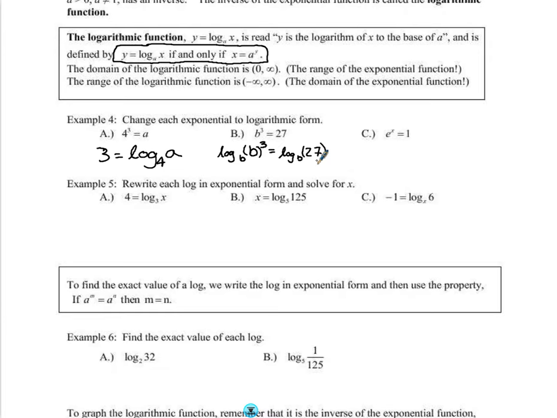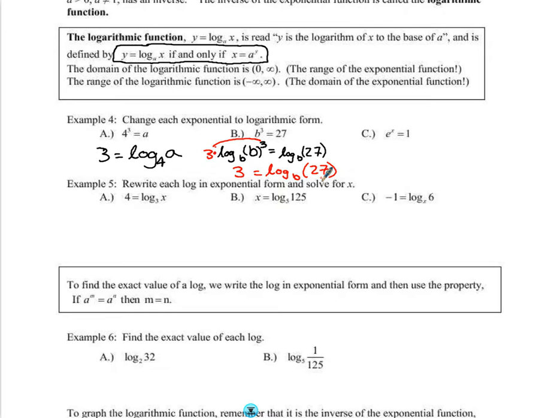I can bring it down in front. So this 3 can come down in front and become a product of that. Log base b of b is 1. So 3 is equal to the log base b of 27. In my head, that's how that kind of goes.